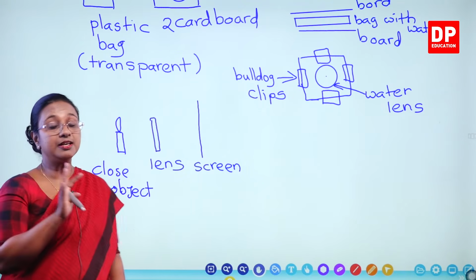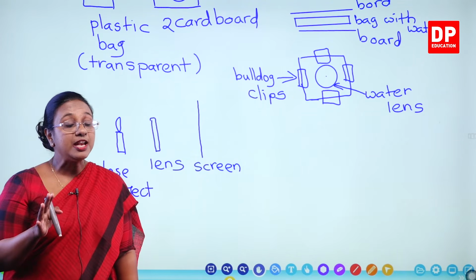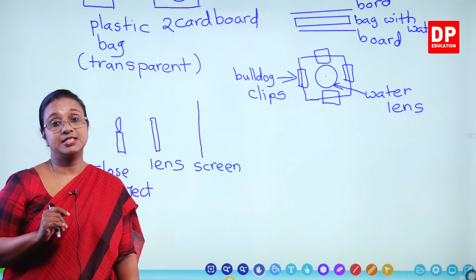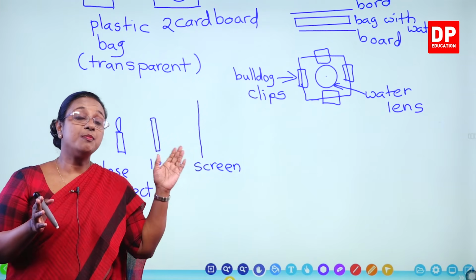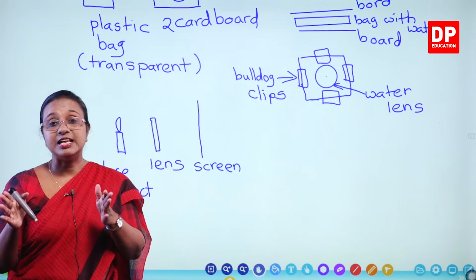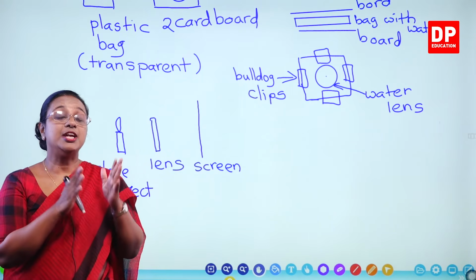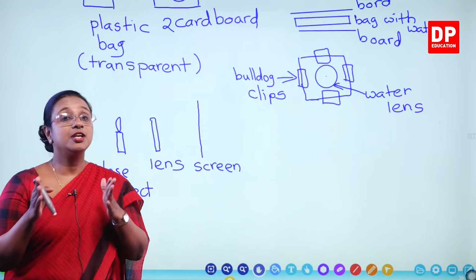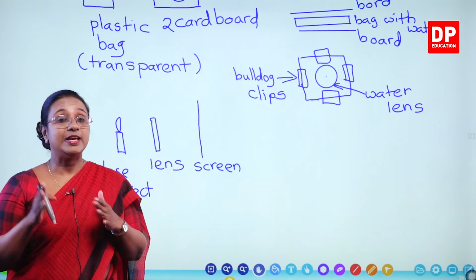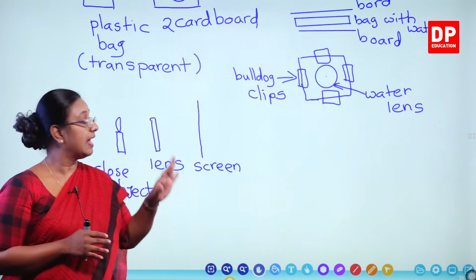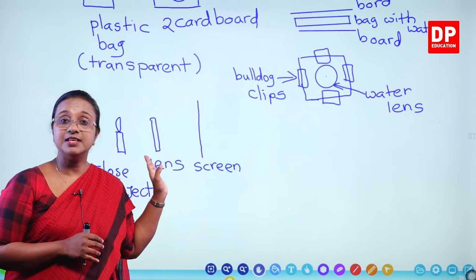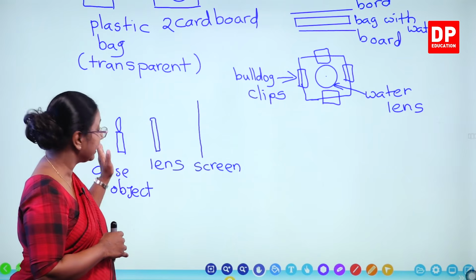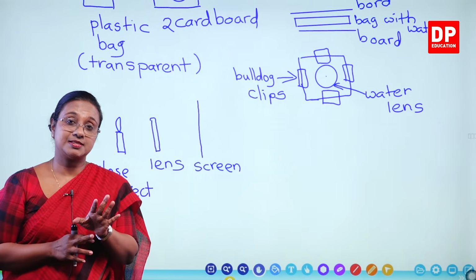Here we change the image distance. But when you fix the image distance, then to observe the far object, you need a lens with less curvature. And to observe the close objects, you will need a lens with high curvature. That is how you will observe these objects or the candle kept at different places.